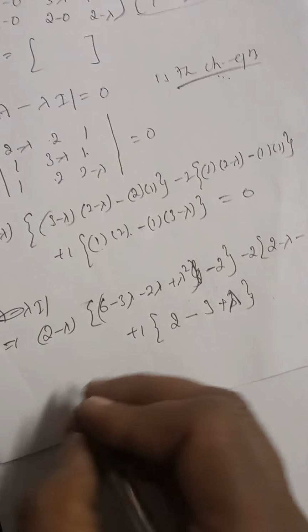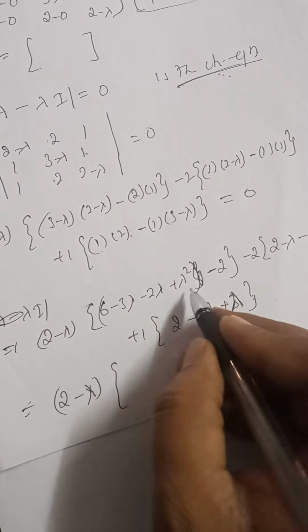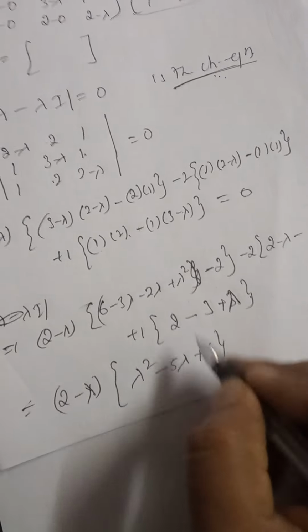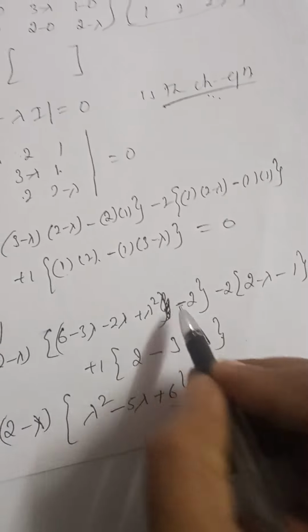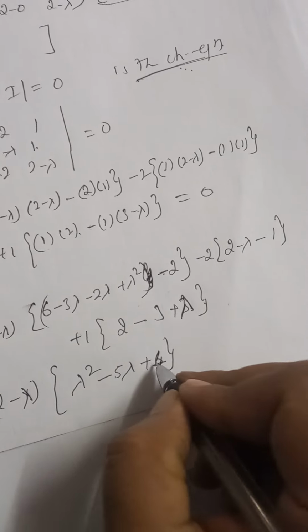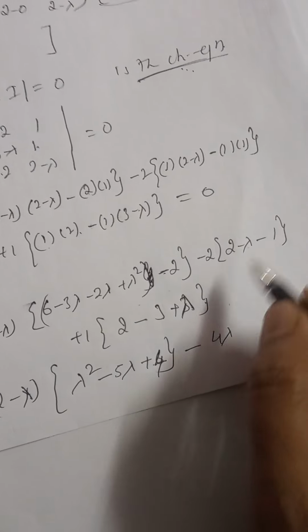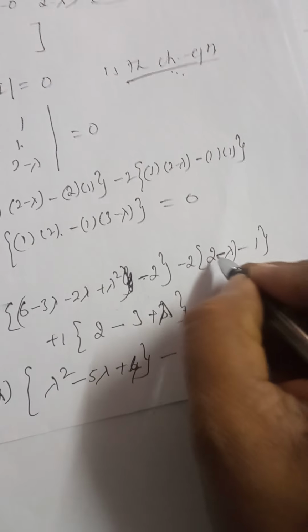Okay, now again 2 minus lambda into this one, I am simplifying: lambda square minus 5 lambda plus 6, this 3 2s are 6, 6 minus 2 is 4. Sorry, again I am making a mistake.